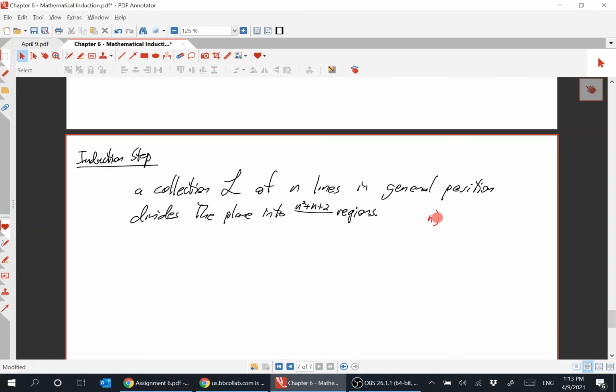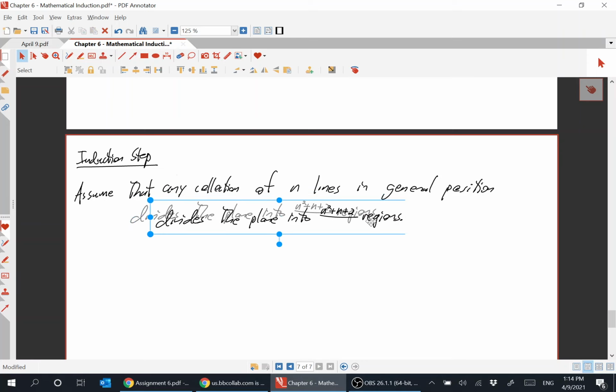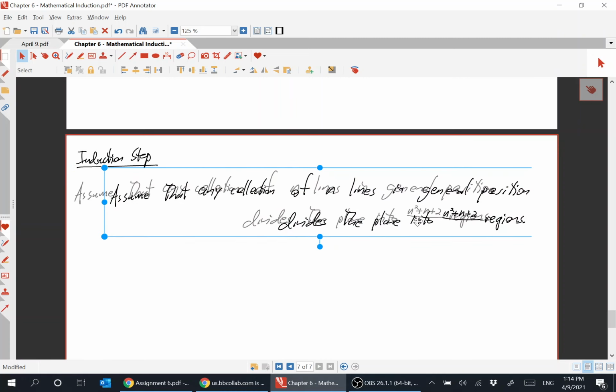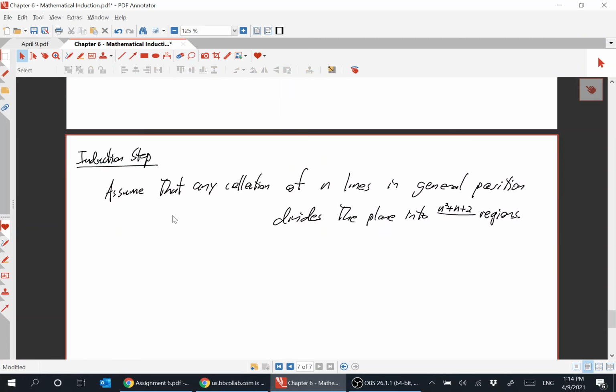So assume that any collection of n lines in general position divides the plane into that many regions. And so there is the induction hypothesis.